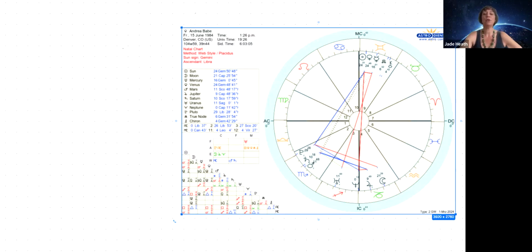That's giving you a display of what the aspects are. So the aspects are like geometrical shapes that we can pull out of these alignments that the planets are having with each other. So going back to the idea that this is celestial bodies having a dance and a conversation with one another, that's what these lines represent.